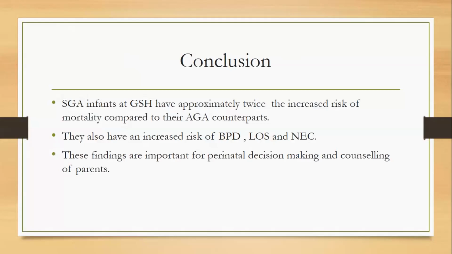So these findings are important for perinatal decision making, and this is a study that was done in Groote Schuur Hospital in Cape Town, but can also be comparable. We know that these infants between 27 to 30 weeks, their risk of mortality is also high. So it's important for us when we are counseling the mother, and even for perinatal decision making.